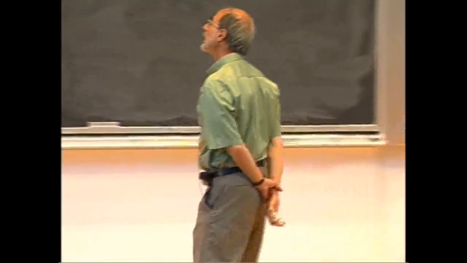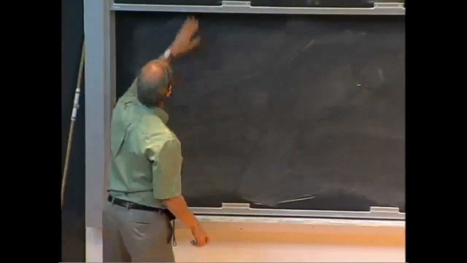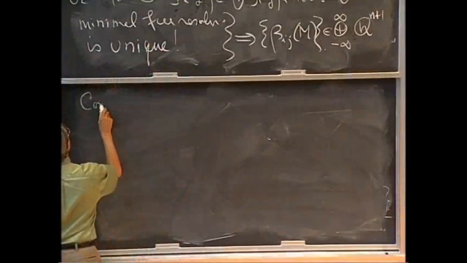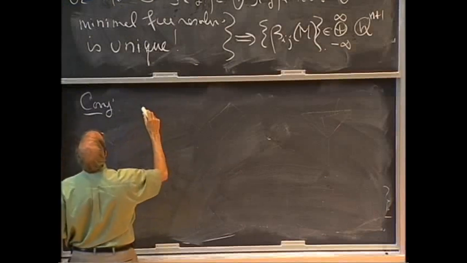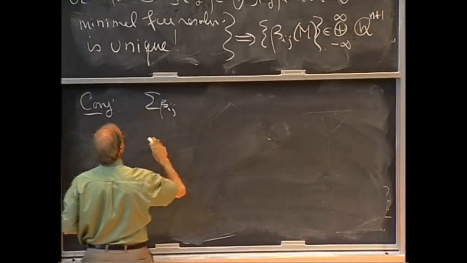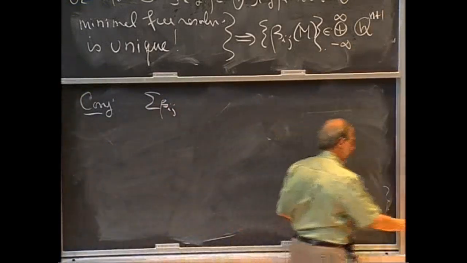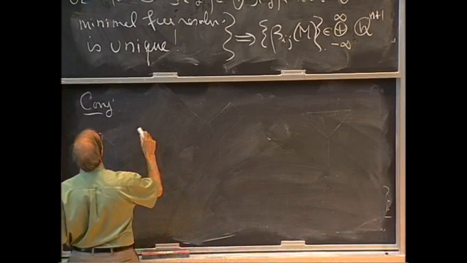And one of the many famous conjectures about this is due to Horrocks on one hand and Buchsbaum and myself on the other. So just as an example of an open conjecture, the sum of the beta ij, well, let me make a hypothesis not to be too trivially wrong.